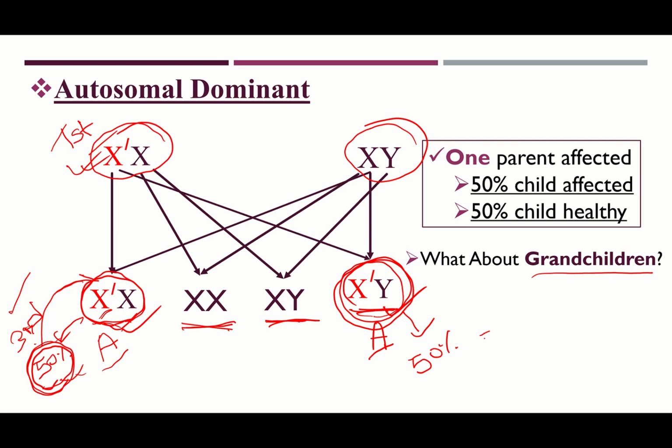So the relationship of the third generation to the first generation is 50% among these 50%, like these 50% of grandchildren will be affected, which means what? 50% equals a half, which means half of 50, so 25%.